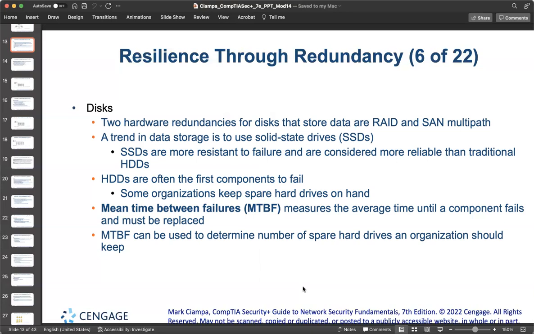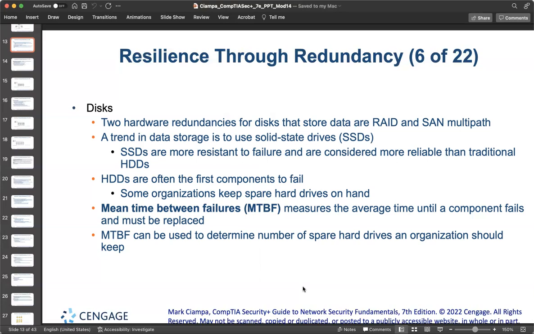HDDs are often the first components to fail because you have mechanical movement, and mechanical movement is doomed to failure due to physics laws anyway. Some organizations keep spare hard drives on hand so they can just swap the hard drives, especially if they're using RAID or any kind of backing up methodology. When swapping the hard drives, they can get their job done.